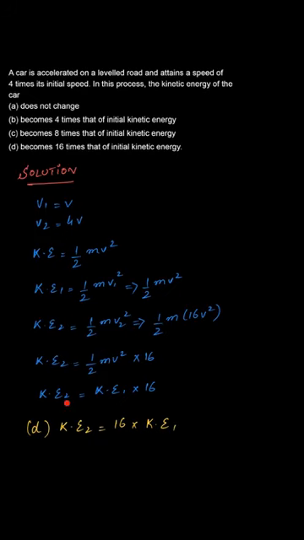So we can see that the kinetic energy of the object increases 16 times its initial kinetic energy when its speed increases 4 times. So in this case, option D is correct. The kinetic energy of the object becomes 16 times that of its initial kinetic energy.